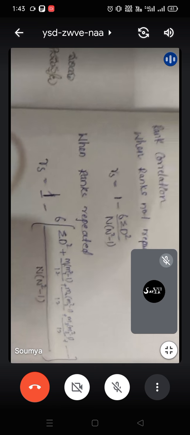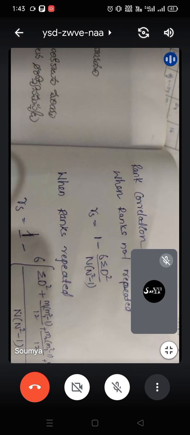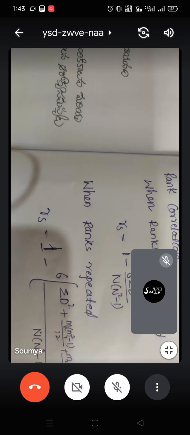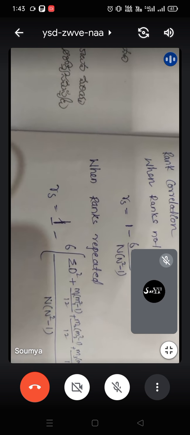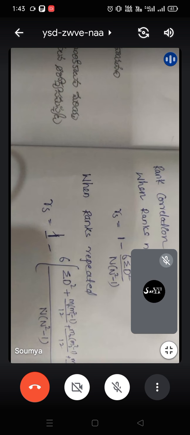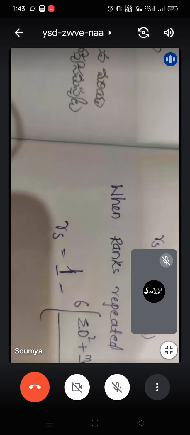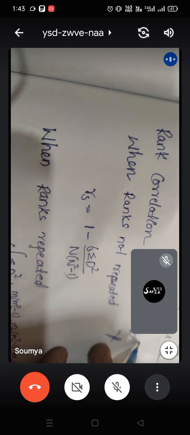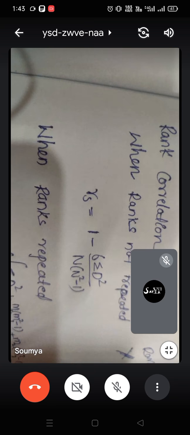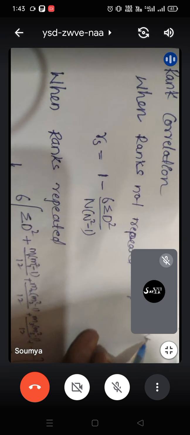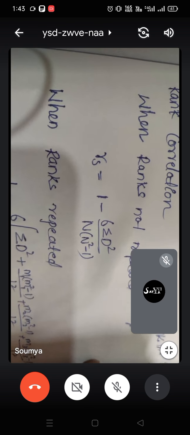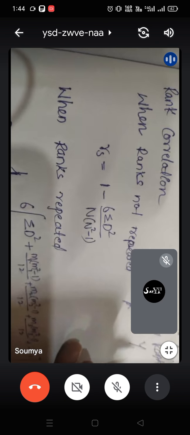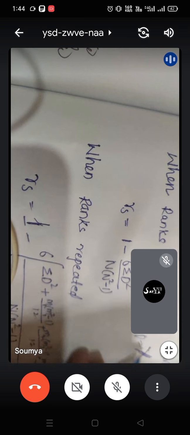So this one is Rs equals 1 minus 6 summation d square by n into n square minus 1. So capital N is the number of observations and d is the deviation. What does deviation mean here? This is capital X, rank in X, and capital Y, rank in Y. If we take the subtraction of these two, that is nothing but the deviation.